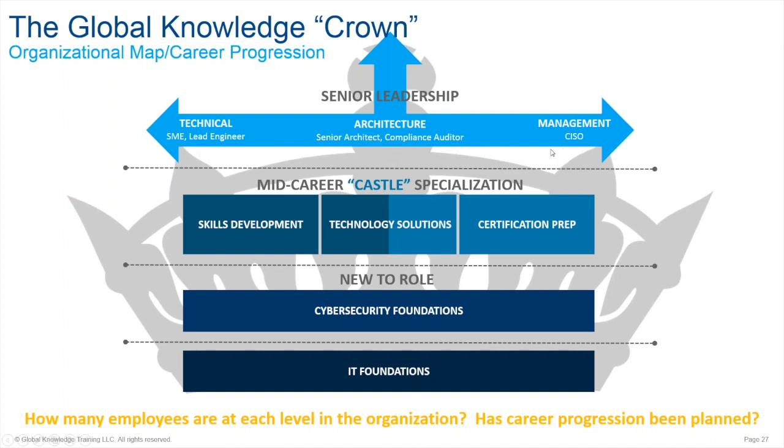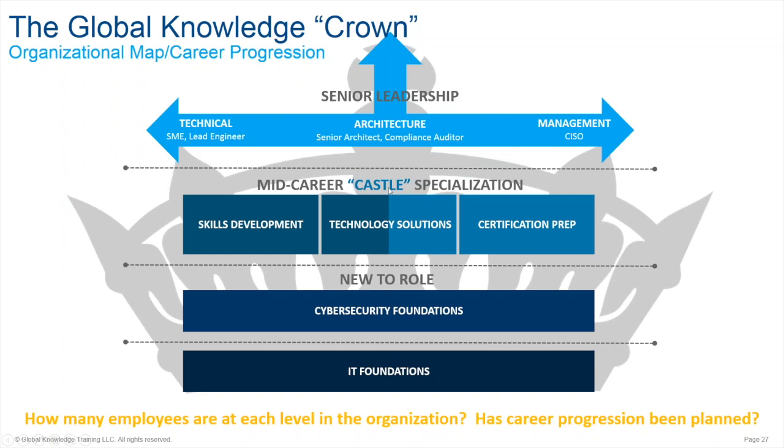Or you go down the management path. You become a chief information security officer, something like that. So we support things like that. In terms of the skills and knowledge that NIST was laying out before, you get most of that coming up through the middle here, but we want to make sure people understand that for the risk management framework, you also have to have leadership that supports it.